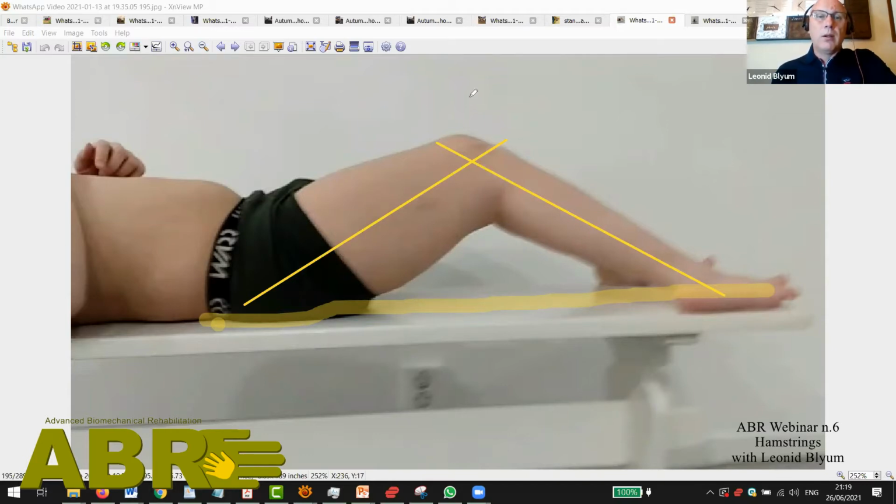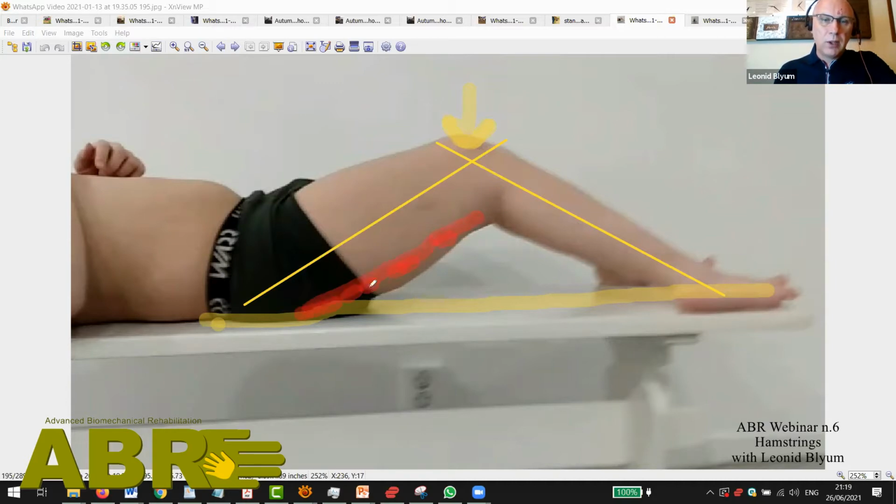Now, of course, the natural tendency for everybody would be to try to do stretching. There are two ideas of stretching which immediately come to mind, right? If we apply just a regular engineering mindset, we have one idea of thinking of the whole thing as a muscle length limitation.